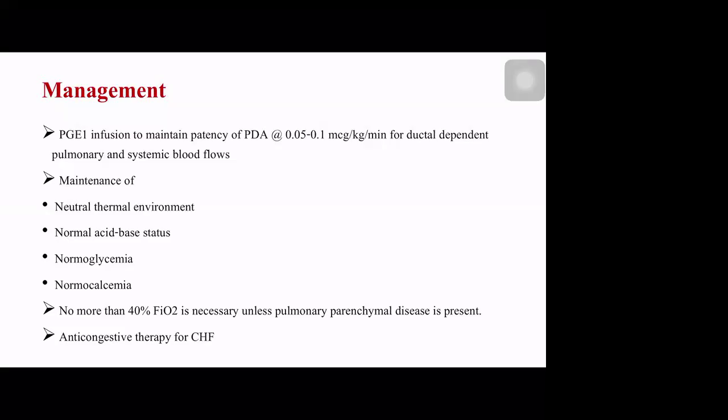In continuation of that, no more than 40% FiO2 is to be used unless the patient has any pulmonary parenchymal disease. Otherwise, your PDA will be closed. If the patient presents with congestive heart failure like type 1C or any type 2, then anticongestive therapy is required for preoperative optimization.